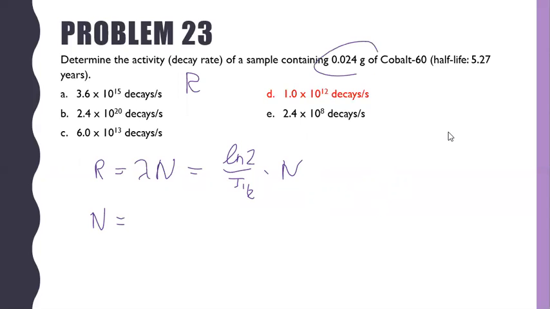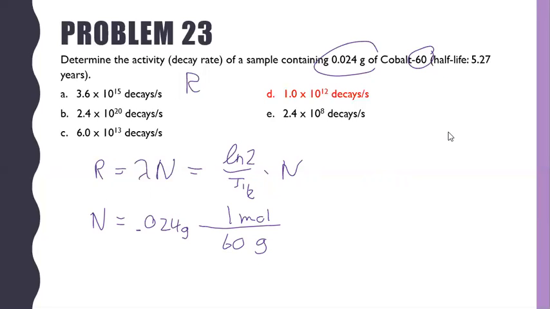If I have 0.024 grams, I can use a little conversion from chemistry and say that every mole I have, how many grams? Well, it's cobalt 60, so it's going to be really close to 60.